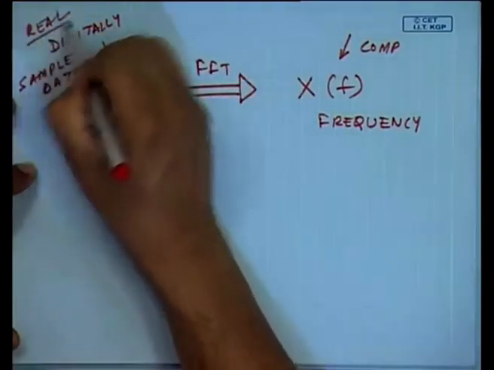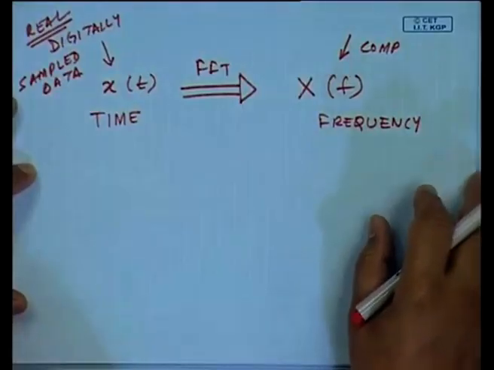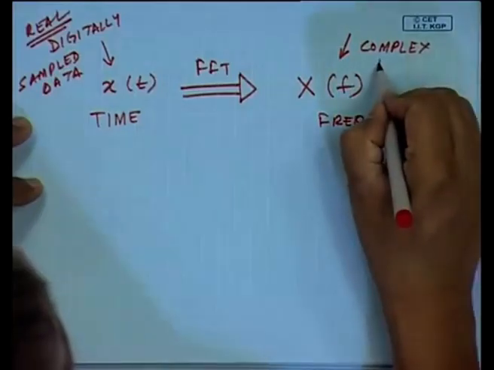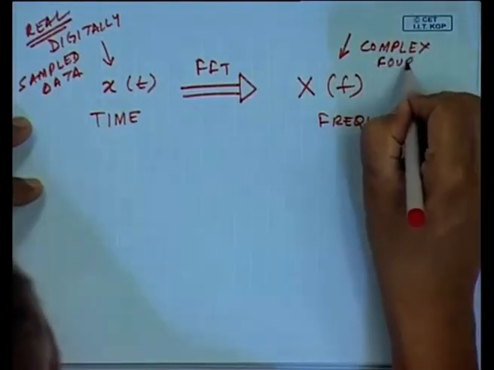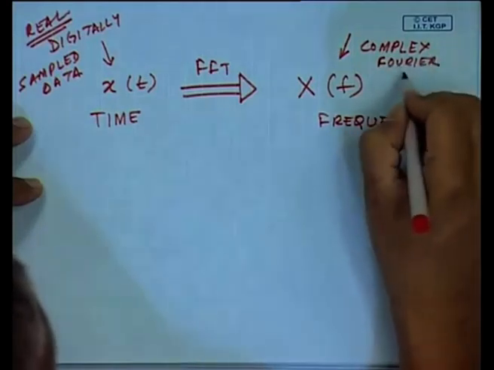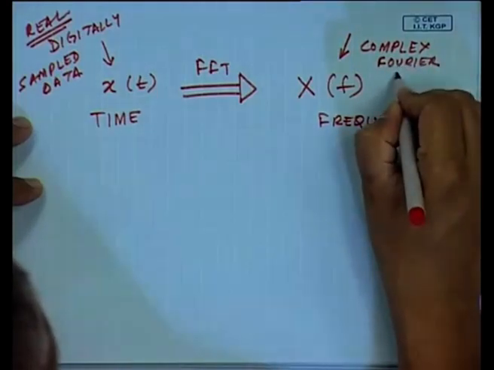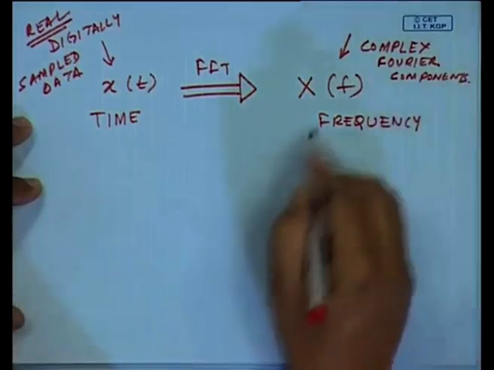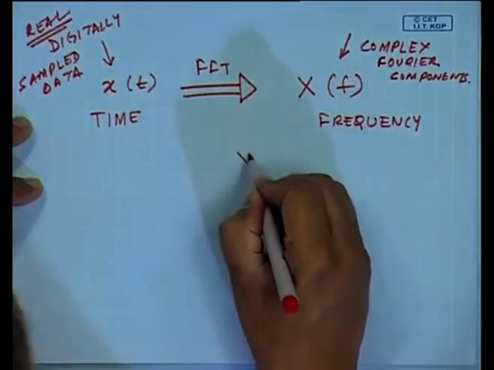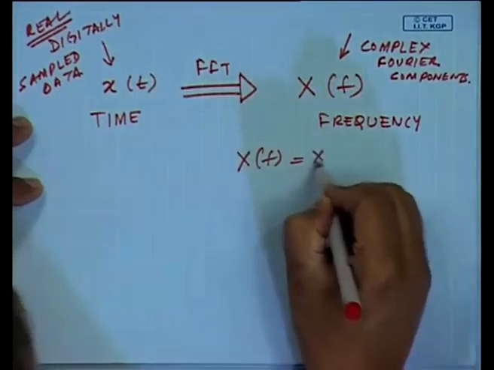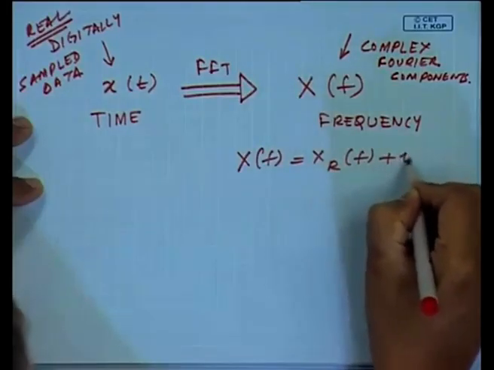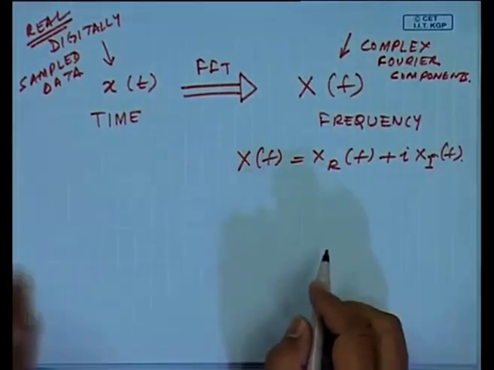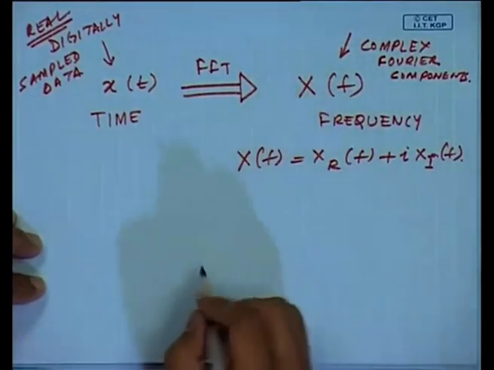It is not a complex number, because real world signals are real, not complex, but I will have complex Fourier or frequency components. So, X of f being complex, I can represent it as, and this is in the frequency domain.